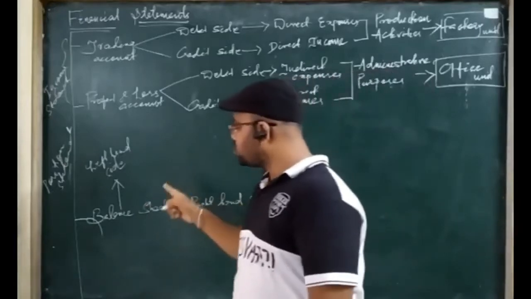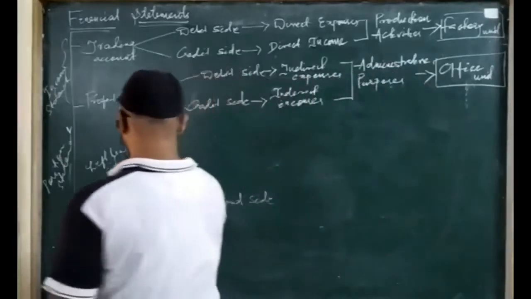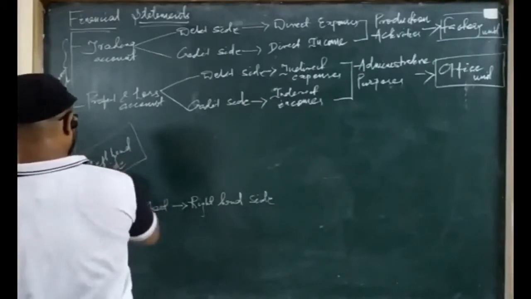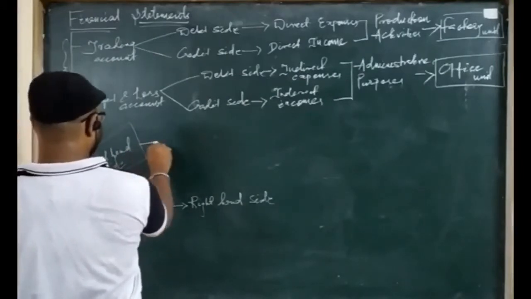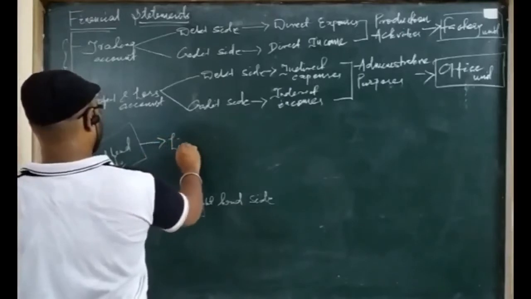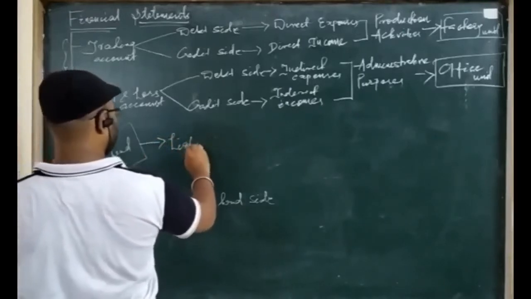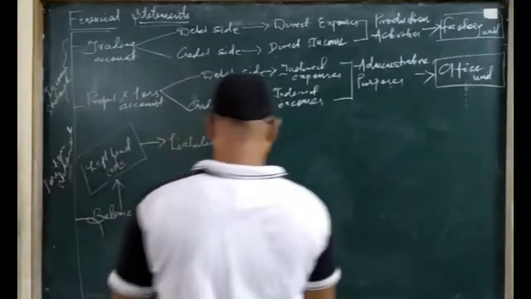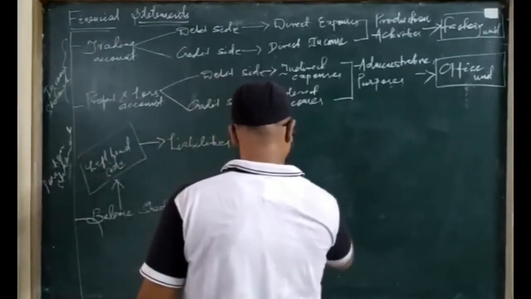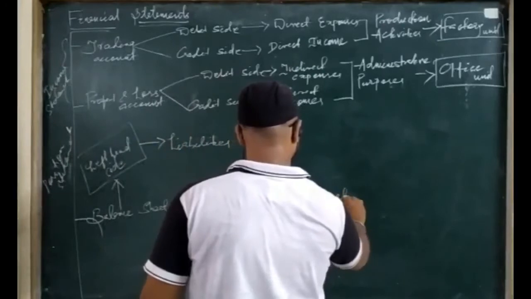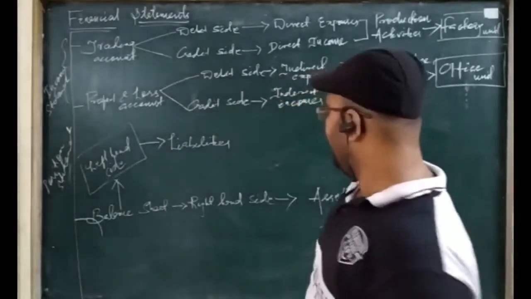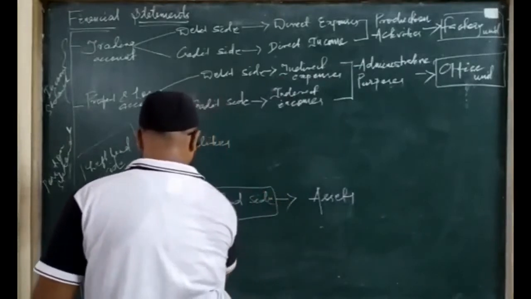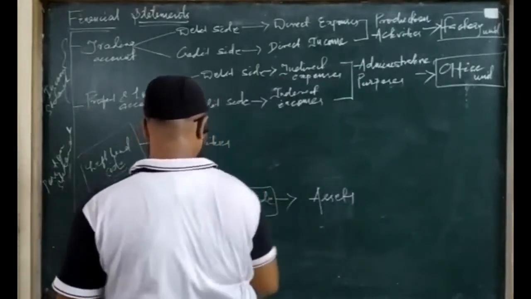So what is posted on the left hand side? On the left hand side of the balance sheet, different types of liabilities are written. And on the right hand side, assets are written. Clear? So on the left hand side of the balance sheet, liabilities are written, and on the right hand side of the balance sheet, assets are written.